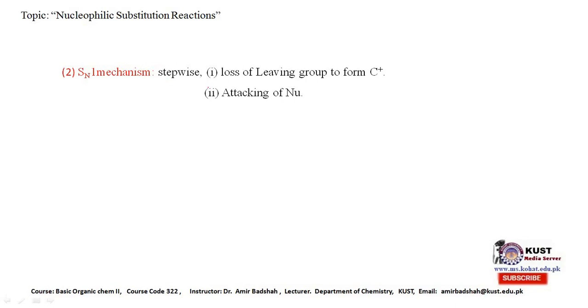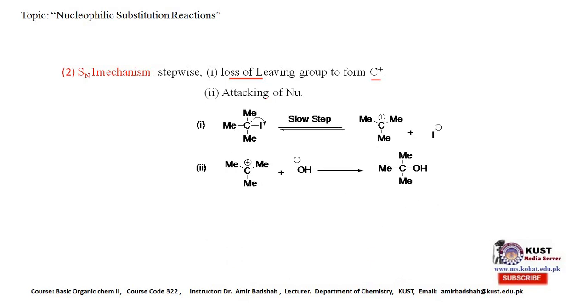What are those steps? In the first step, the leaving group is lost to form a carbocation, and in the second step, a nucleophile attacks to form the substituted product, as shown here. Here the leaving group leaves to form a carbocation, and in the following step, the nucleophile attacks this carbon to form the substituted product.